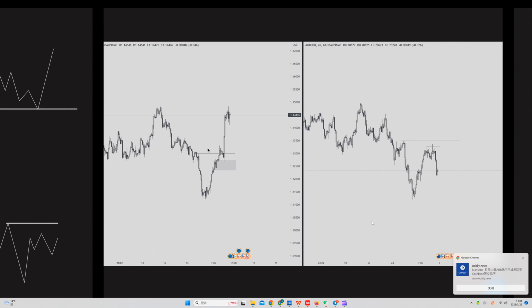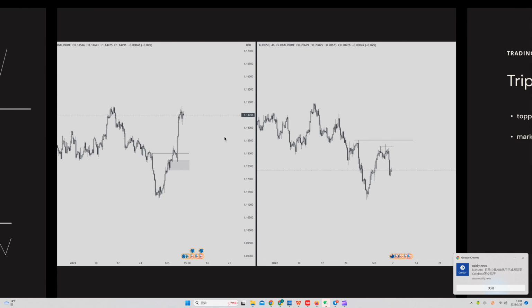This is an H4 chart, so you don't see that clearly, but if I would go to 30-minute, you will have this small range where the volume got accumulated, going to hit on a retest, move higher, trades up to this double top.